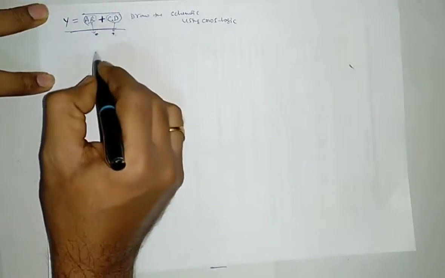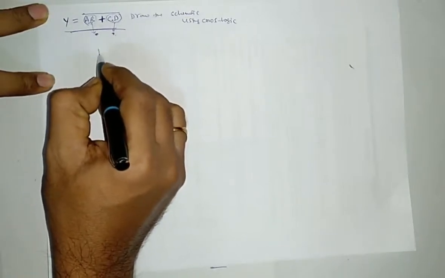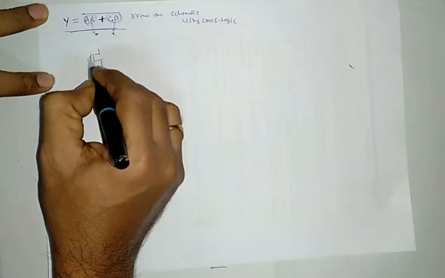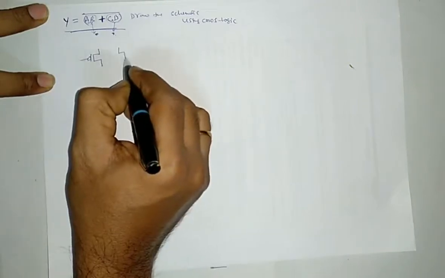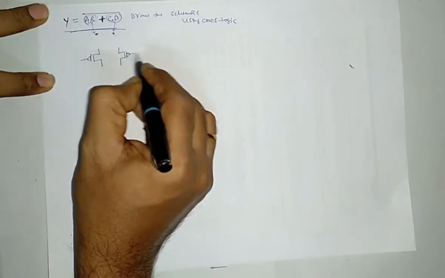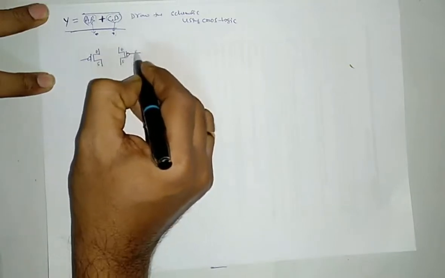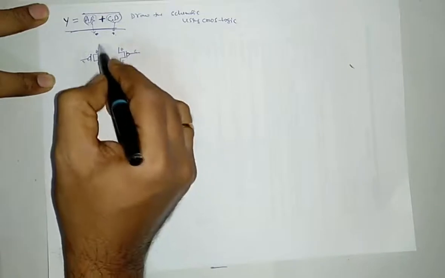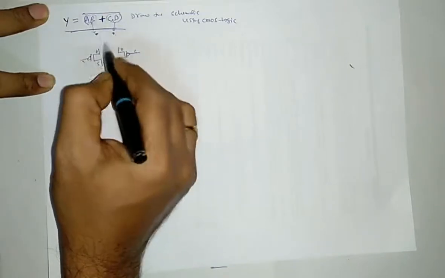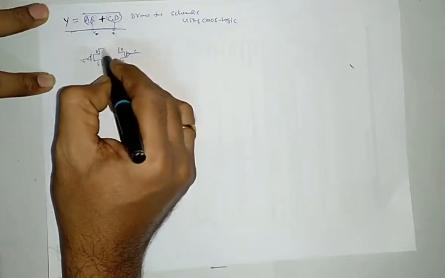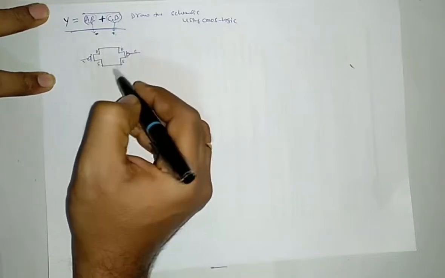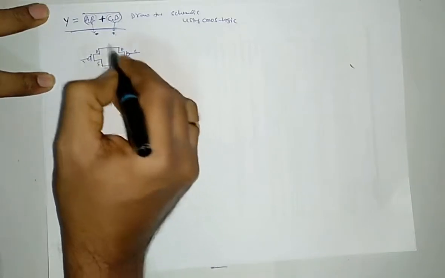A and B means two inputs. In PMOS, a product term can be generated by connecting PMOS transistors in parallel. Drain, source, gate, gate. For this A and B product term I am drawing drain to drain connected, source to source connected. That is a parallel connection.